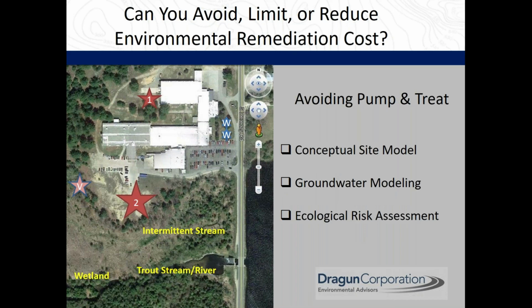Avoiding pump and treat at this site ended up taking a few steps. And first, using monitoring well information and groundwater modeling, we were able to defensively show that the plant itself was not a source, that the main source of groundwater impact was indeed from infiltration of precipitation through these fill areas. And further, we were able to show that the on-site water wells were not a risk from contaminated groundwater.